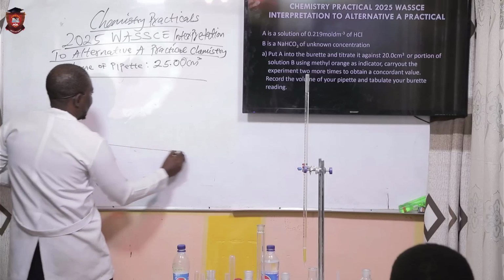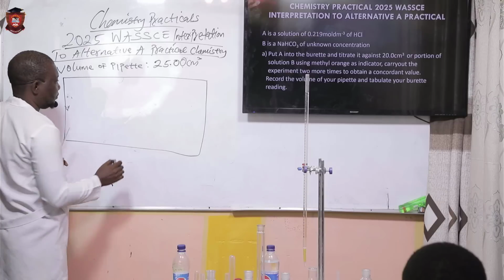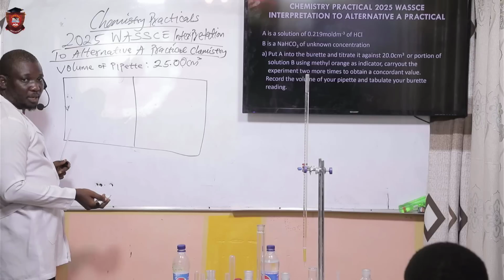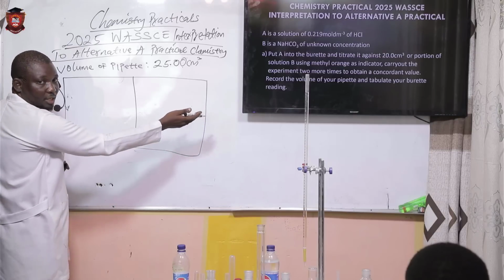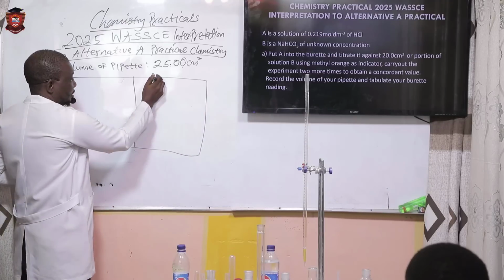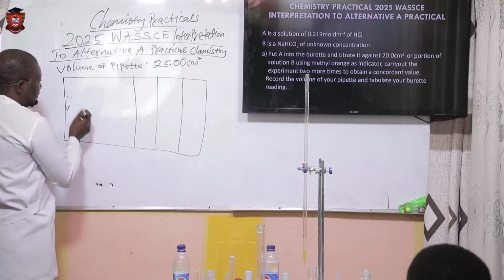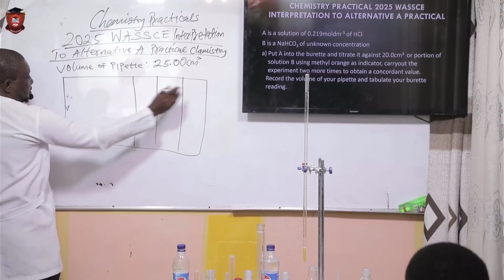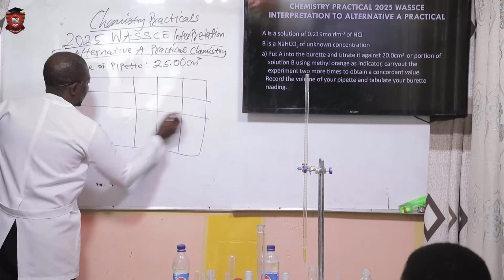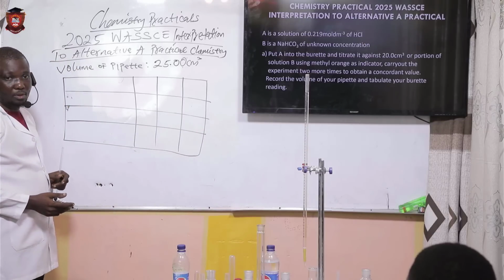I normally tell my students, once they have this kind of box, to divide it into 2 equal parts, and then divide the right hand side into 3 equal parts again, and then come to this side and divide it into 4 equal parts. So this is how the table should look.